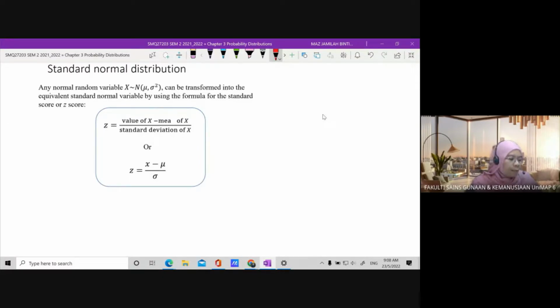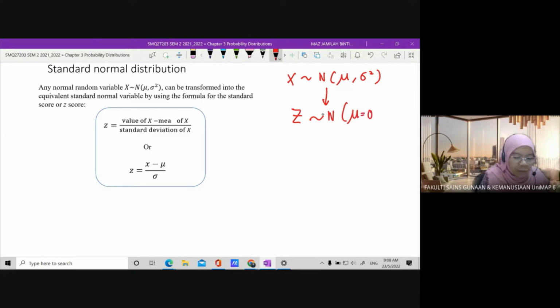Okay. Now, class, how does this conversion from X following a normal with parameters mu and variance sigma squared get transformed into Z, where Z still follows a normal, but the mean is equal to 0 and the variance is equal to 1? So how does this conversion take place?